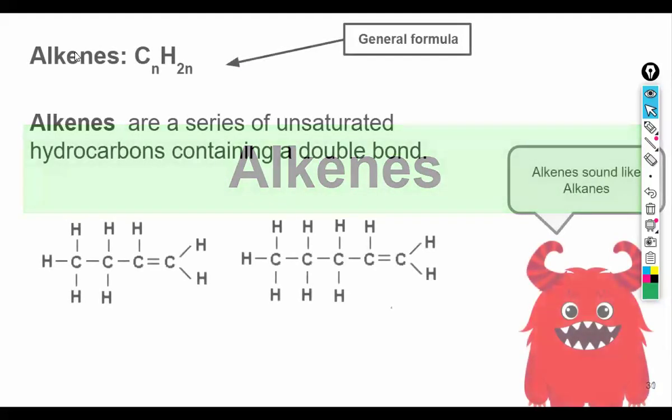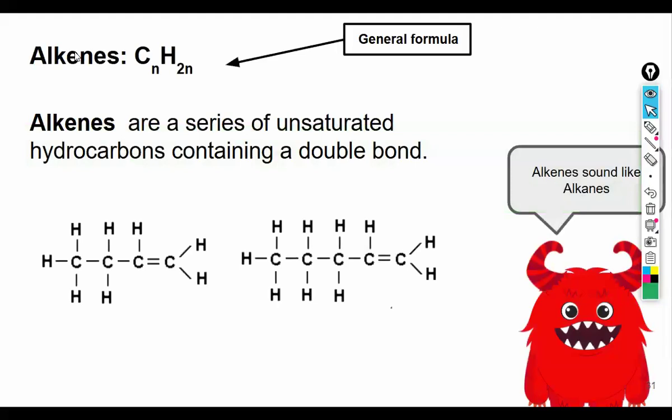Alkenes have a different formula, and it's spelled slightly different. Remember, alkanes follow the formula CnH2n+2. Alkenes don't have this plus 2 here. It's only CnH2n. It has no plus 2.